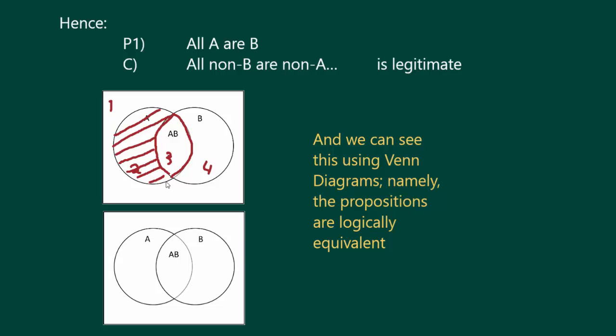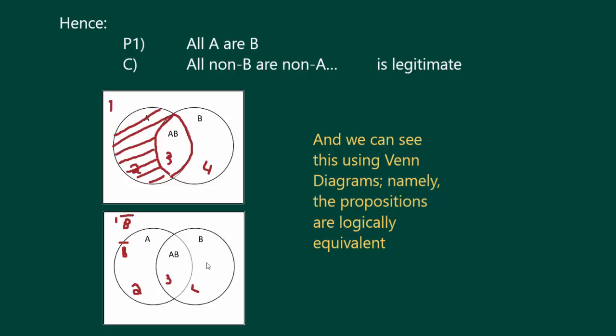And then if we look at all non-B are non-A, so again we have our 4 areas. And now I need to find my non-B's and my non-A's. So here's a non-B. There's a non-B. And we have non-B's in area 1.